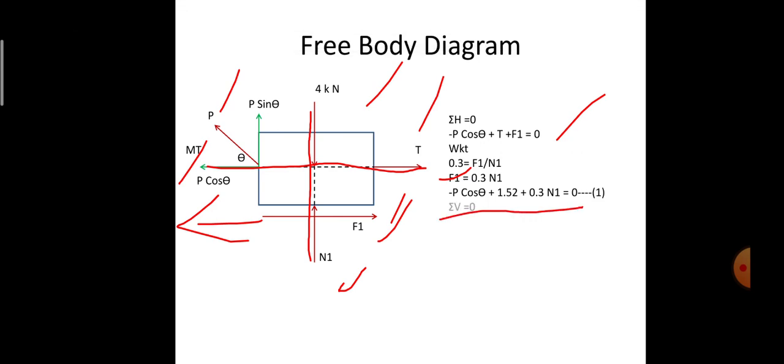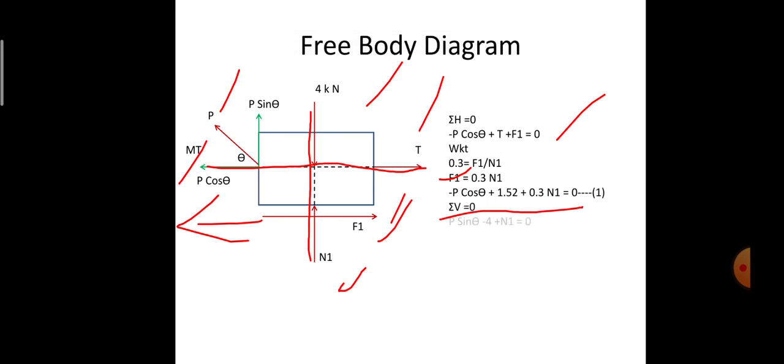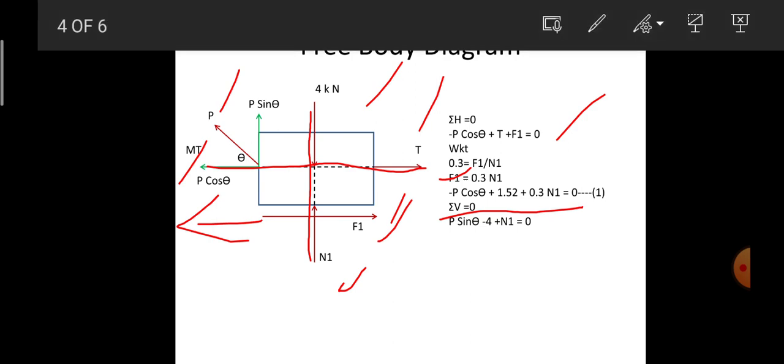Next, sigma V, the summation of all the vertical forces, is equal to 0. Here we have the vertical forces: P sin theta, and 4 acting in the downward direction, which is negative, and N1 is positive.